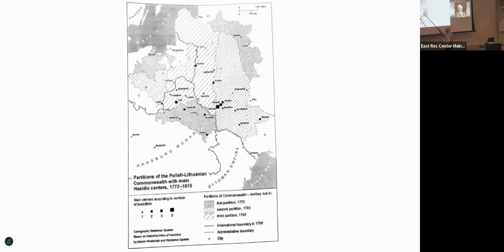Except for some that were here, but if we look at a lot of these cities, I don't know if it's clear. For instance, all of this becomes Austria. This becomes Prussia, becomes Germany. This becomes Russia.